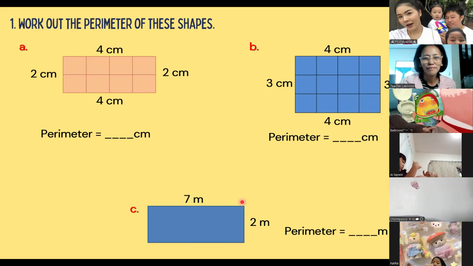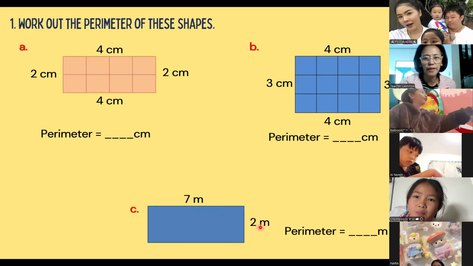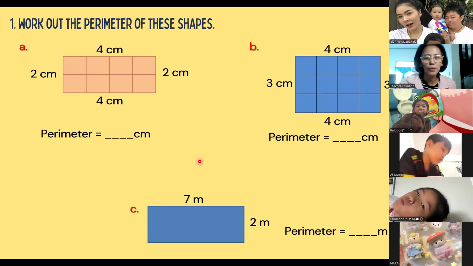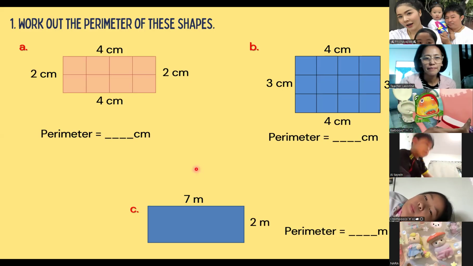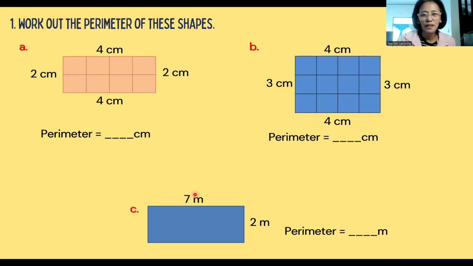I think it's 18 meter. Why? I have only 7 and 2, Nike. It should be 7 plus 2 is 9. It should be 9, right? No? Okay, why no, Nike? How did you get it? Can you explain?